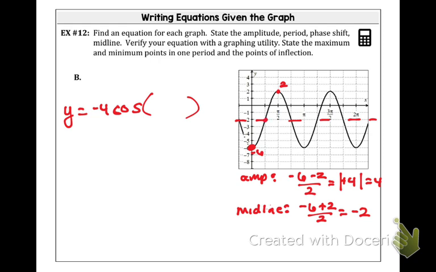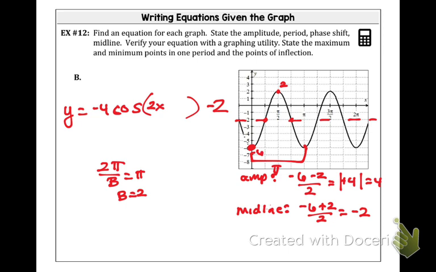So min, intercept, max, intercept, min. Looks like our period is pi. So 2 pi over b needs to equal pi. So it looks like b is going to equal 2. So 2x. And then we don't have any phase shift if we do a negative of it. So we are done. Midline is minus 2.